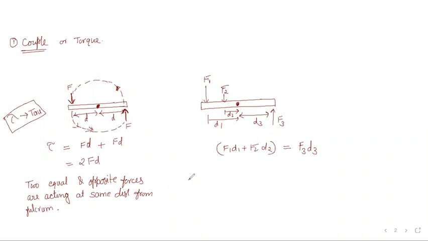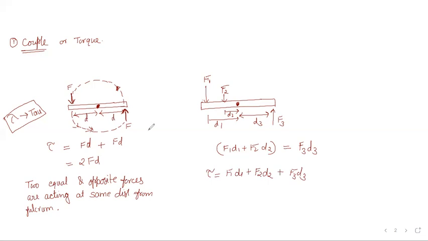So I can simply say that in this case, the torque tau will be equal to F1 d1 plus F2 d2, which is equal to F3 d3. Now we need to take care of how to go ahead with the further calculations.